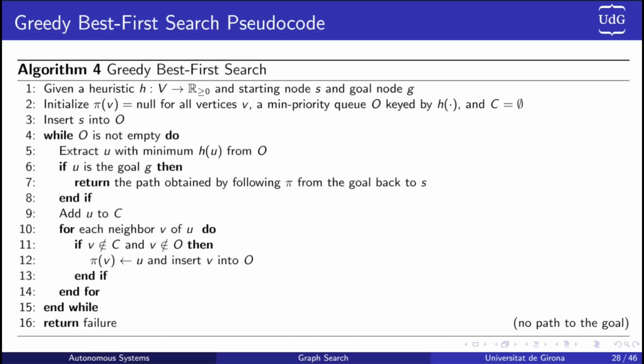Then, if it's not the goal node, we have removed this node from O, and then we add it to C. And for each neighbor B, if they are not in the closed list, neither in the open list, we say that to reach this neighbor B, we have to do it from U, and we insert this neighbor vertex into the open list.